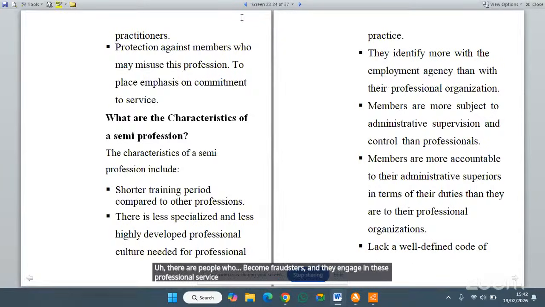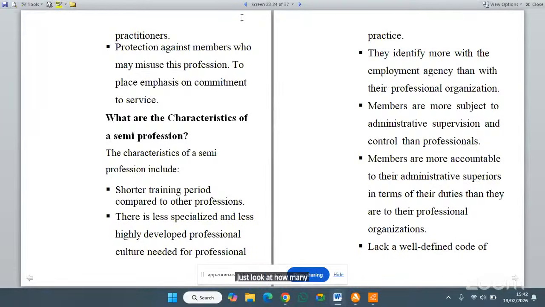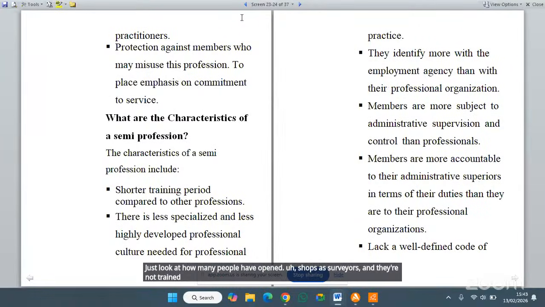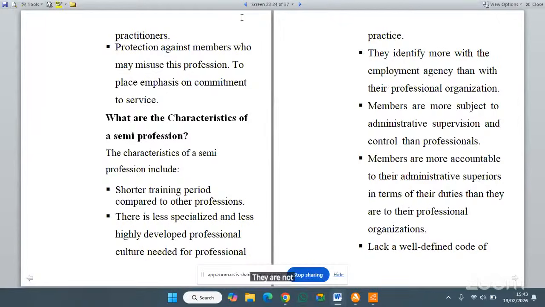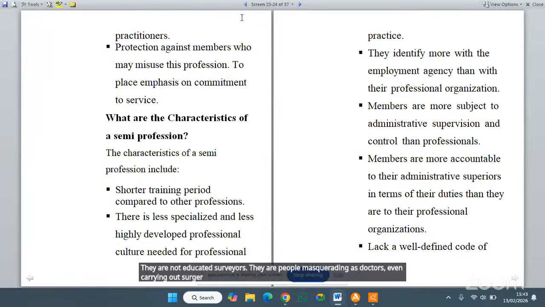And so a code of ethics is required so that it guides the practitioners and therefore weeds out those who do not subscribe to the code of ethics. Just look at how many people have opened shops as surveyors, and they're not trained surveyors. They are not educated surveyors. We have people masquerading as doctors, even carrying out surgery and causing harm.